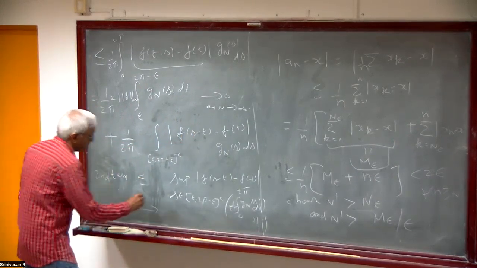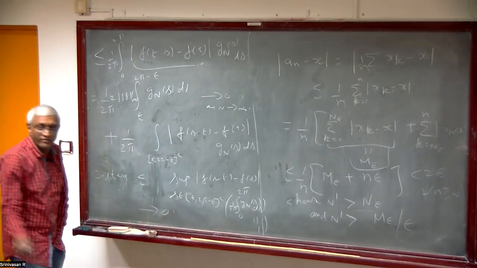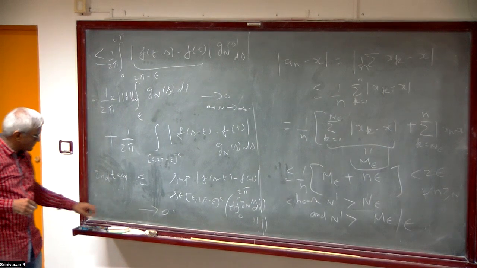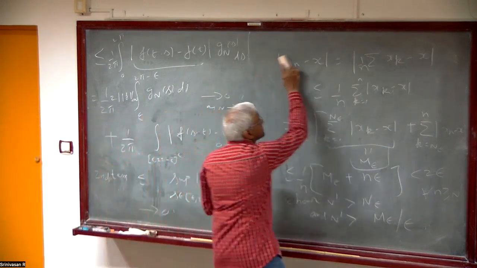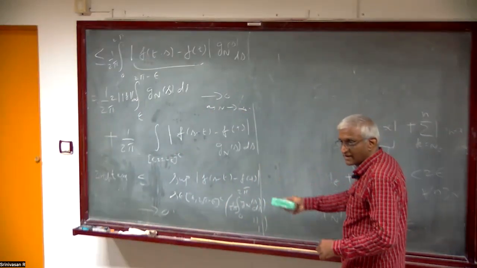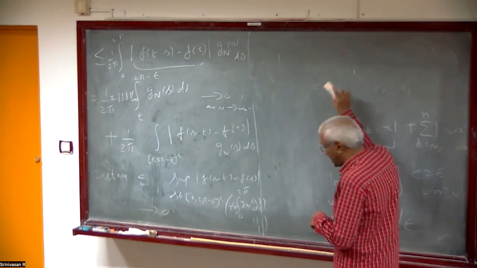So this will go to 0 uniformly. It's better you write the argument. I just said it, so you convince yourself.